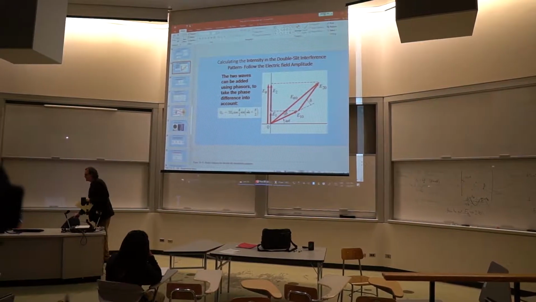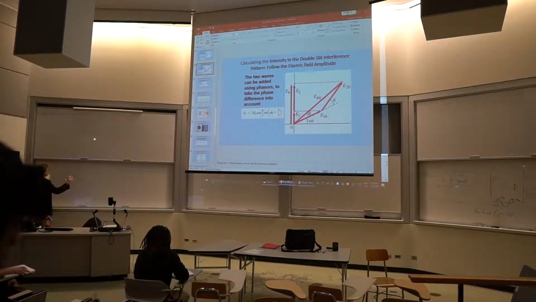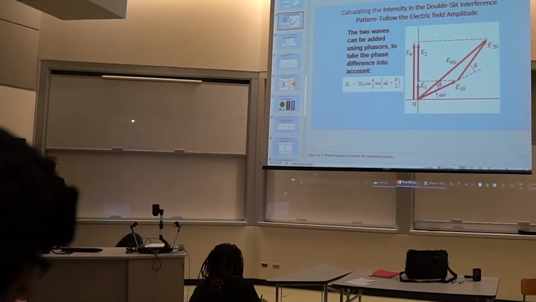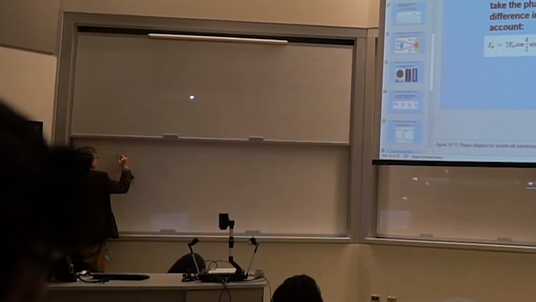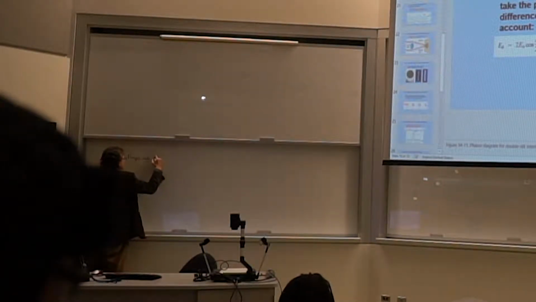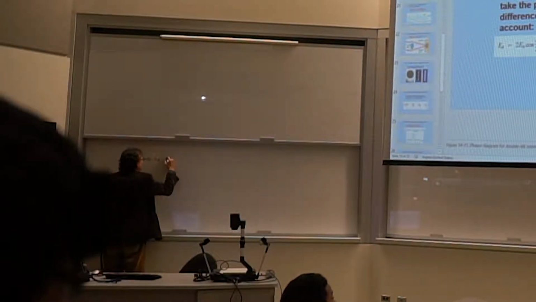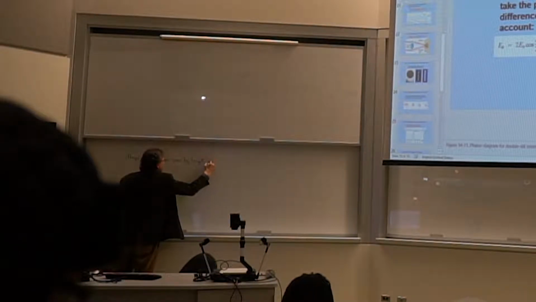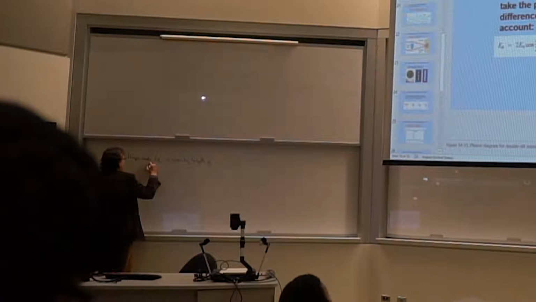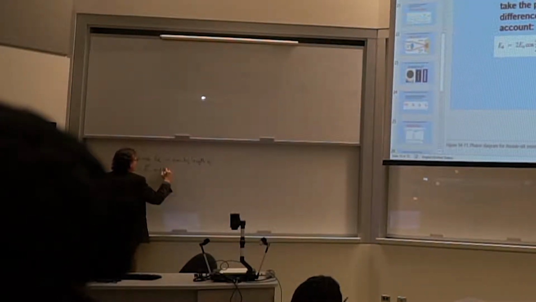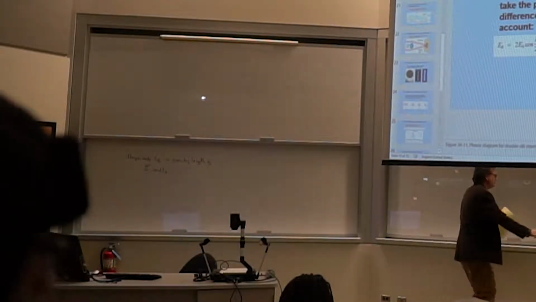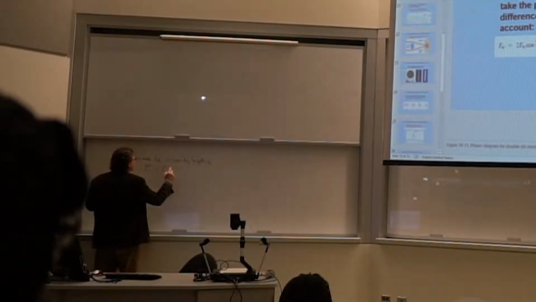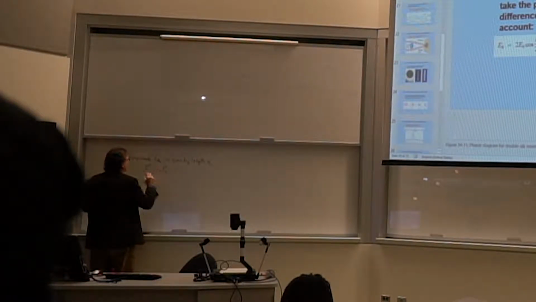The theorem says that if I want to find the amplitude of the resultant summation of those two waves that are separated by some phase difference delta, then the amplitude of the resultant field, which is E theta 0, is given by the length of the vectorial sum of two vectors, E1 plus E2.